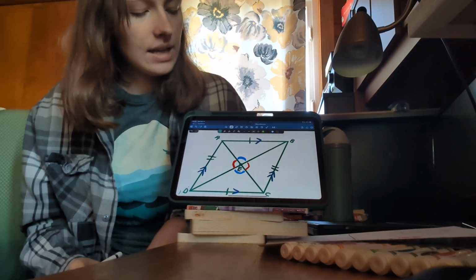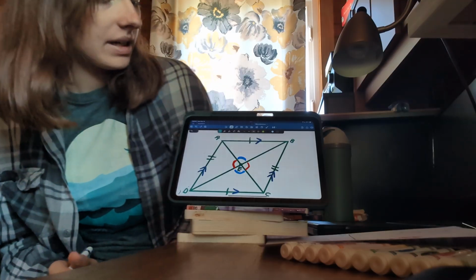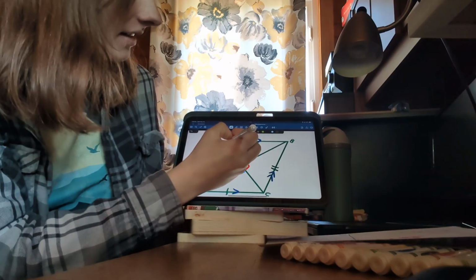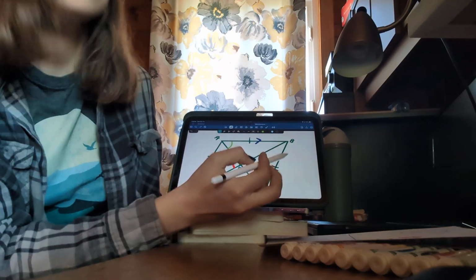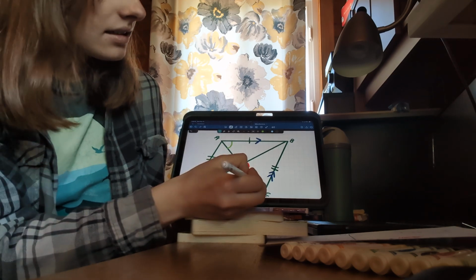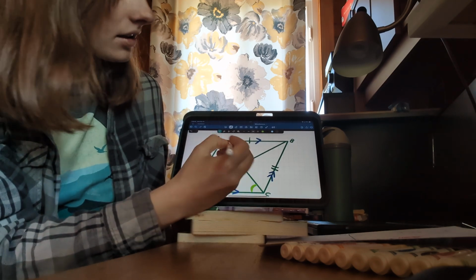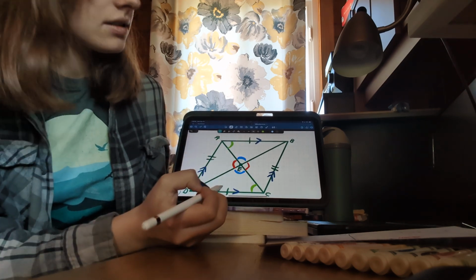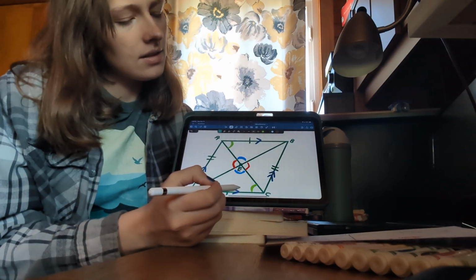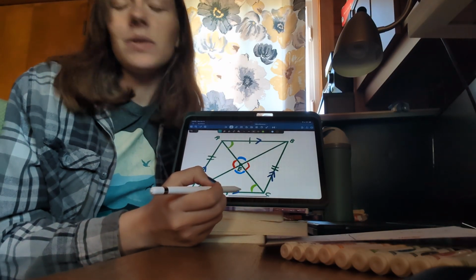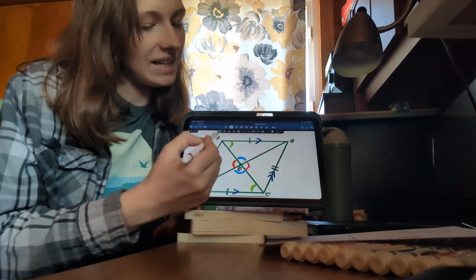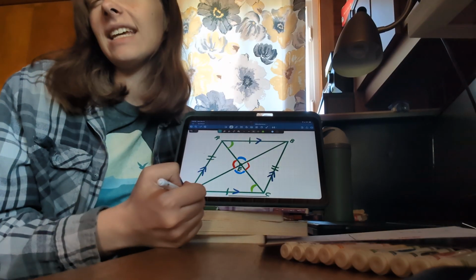Okay. Heather says that because of alternate interior angles, we can say that angle, you said BAC? BAC and ACD are congruent to each other. So do you notice anything interesting about triangle BAE and CED?